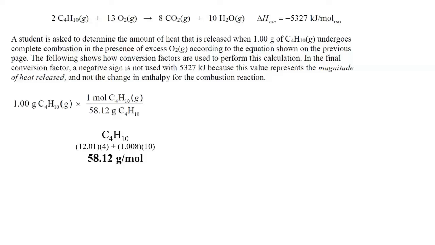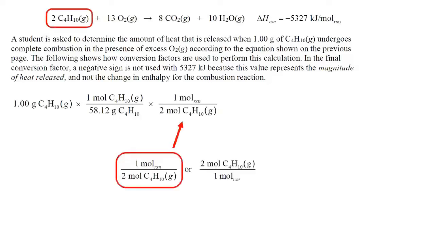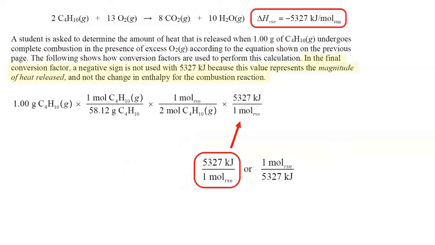In my next conversion factor, I recognize that 2 moles of C4H10 are consumed for every 1 mole of reaction. And in my next conversion factor, I recognize that 5,327 kilojoules of heat are released for every 1 mole of reaction.